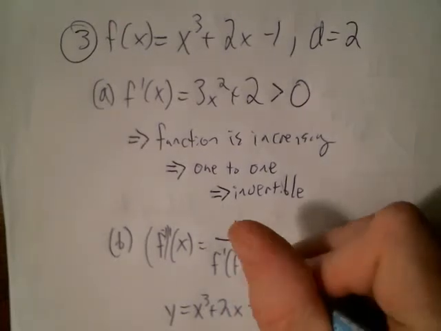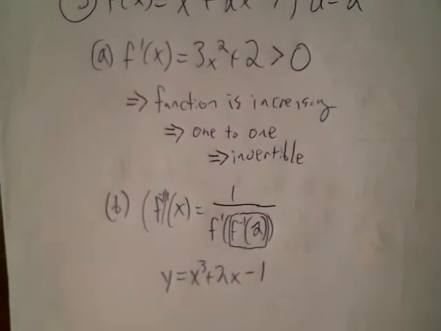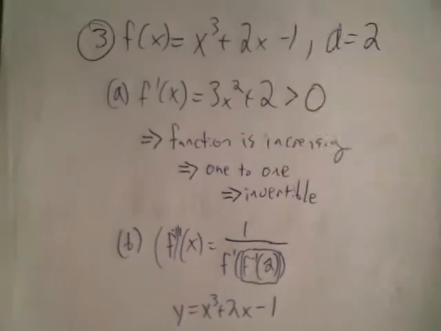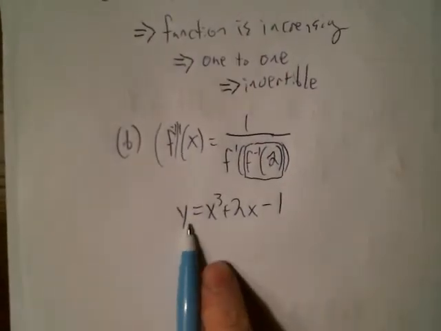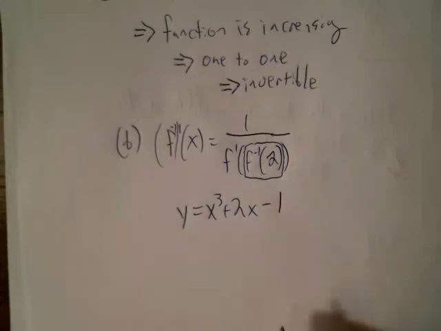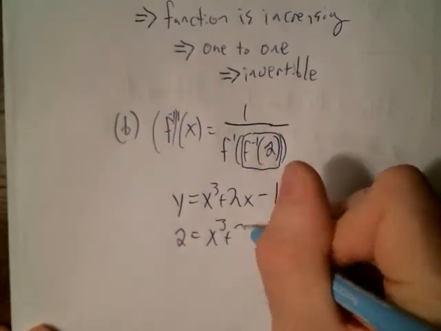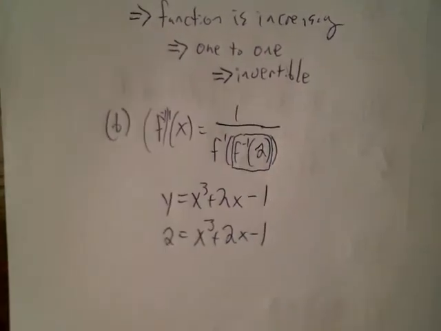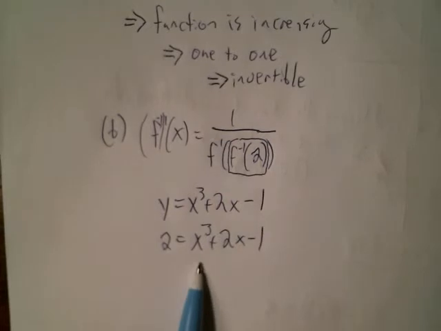Okay, so that's the question this thing asks. F inverse is some function of y in a way. If I solve this out for x, it would end up being a function of y. So you're plugging 2 in for y, right? So you'd have 2 is x cubed plus 2x minus 1, and then you would solve for x, and that would tell you this value, okay?